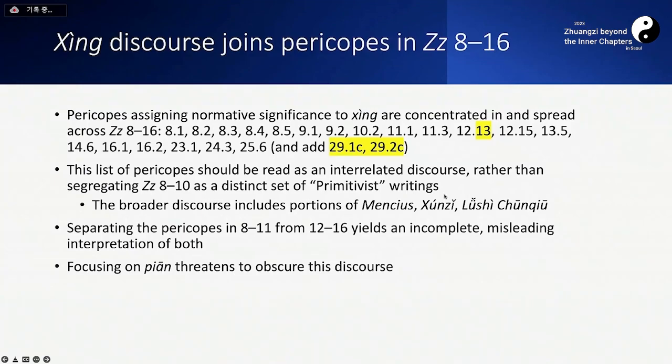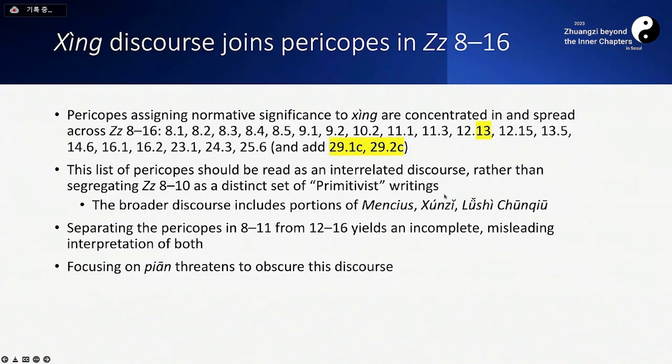Okay, looking again at the pericopes that form a discourse on Xing, we can also remove an unfortunate distortion introduced by classifications such as Graham's and Liu's that isolate the material in 8 through 10 from other Zhuāngzǐ writings. Because if we look at this long list of passages that assign some sort of normative significance to Xing throughout the entire Zhuāngzǐ, we notice that they run from Piān 8 all the way up to 29, but they're heavily concentrated in the band between 8 and 16.